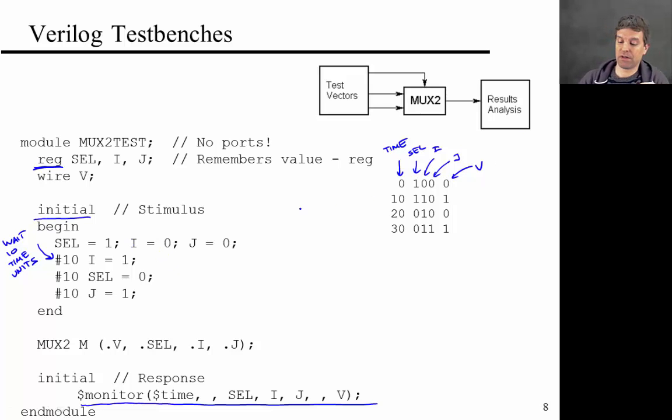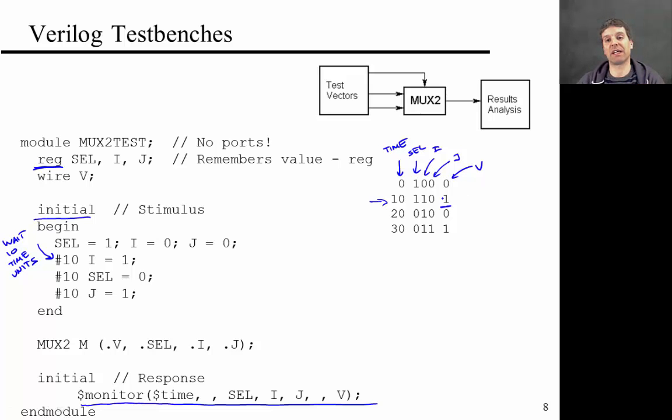You can see that after 10 time units, when I set I to 1, I obviously changes in this column, but the output V also changes.